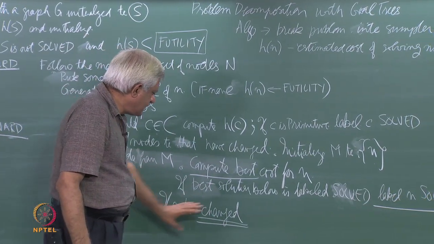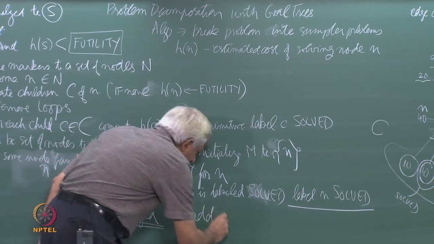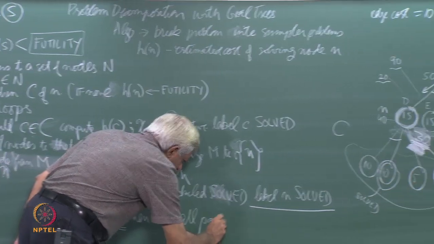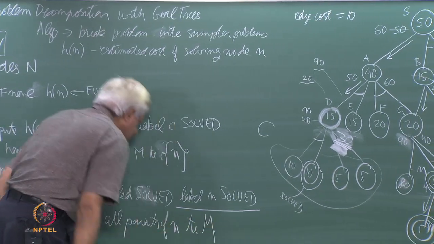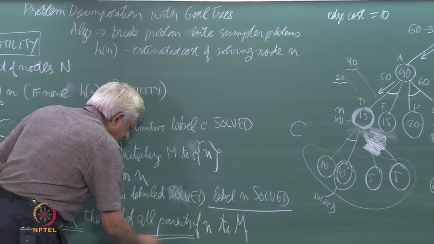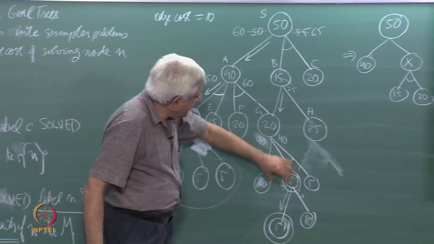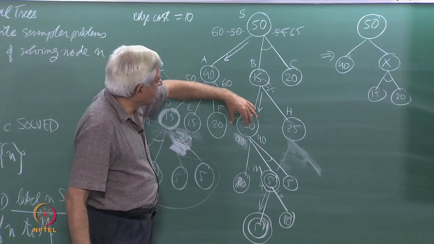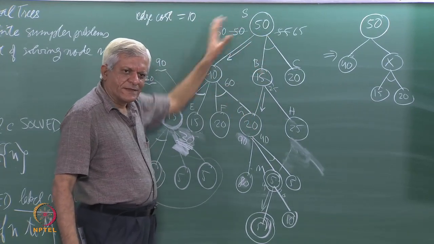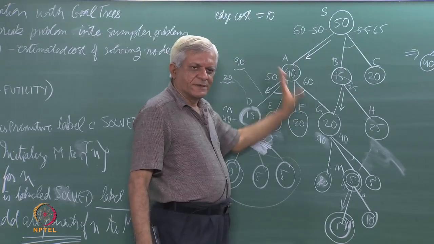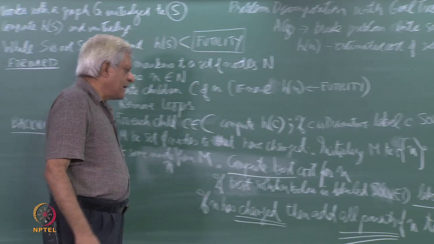If n has changed, then add all parents of n to m. That is what I was trying to illustrate here: if this has changed and this will change, not only must you propagate the change of cost from the direction you came, but also to any other parent that this may have, because at a future date that parent might become relevant.